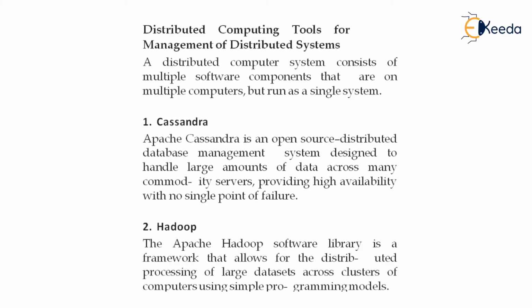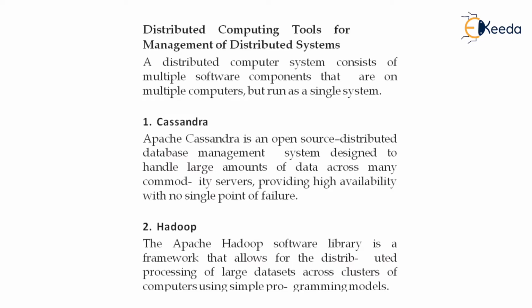There are different open source tools available for distributed computing, like Cassandra, Hadoop and many more. Let's discuss one of them, Cassandra. Cassandra and Hadoop are mostly used in the software industry in current scenarios.